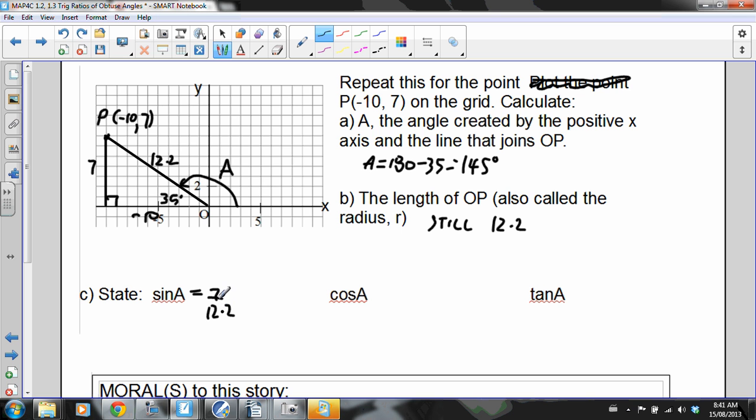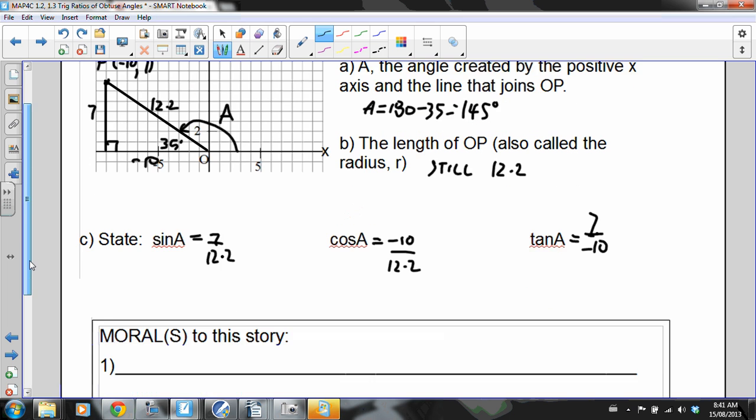This is the same as above, but now if we think of the cos of A, the adjacent side, well, the adjacent side's negative since we went left on the grid. And the same for the tangent. We got 7 over negative 10. The cosine and the tangent are both negative. And that's kind of strange, but it's also what we saw in the investigation as well.